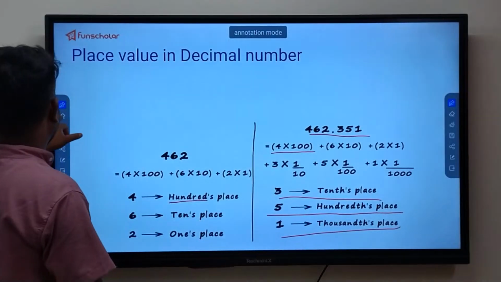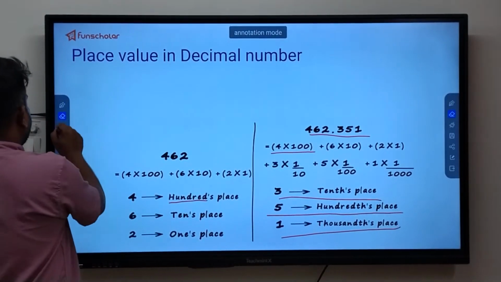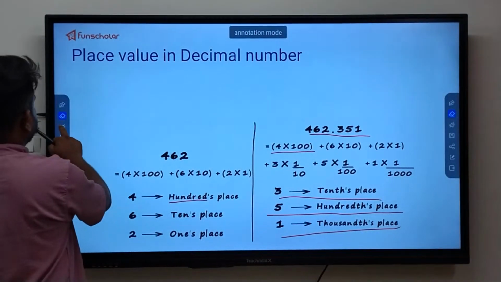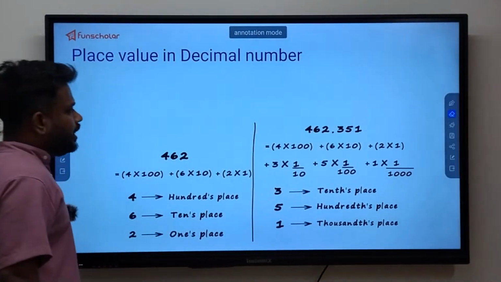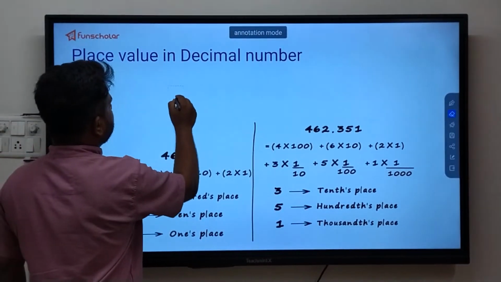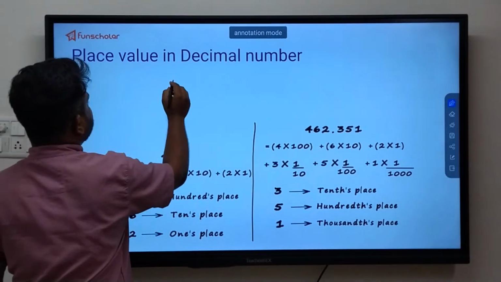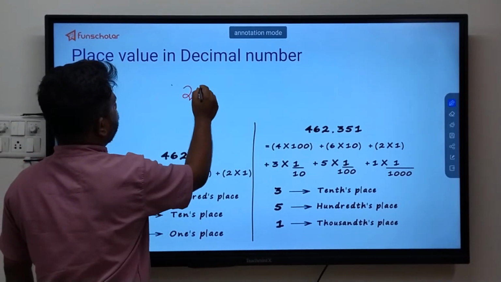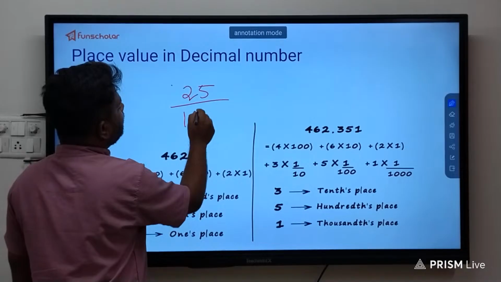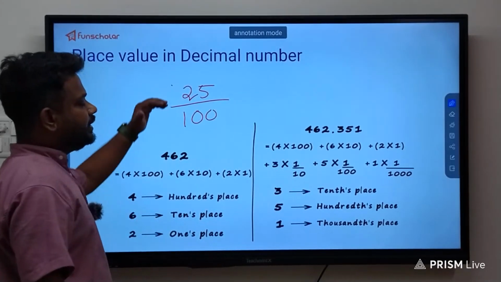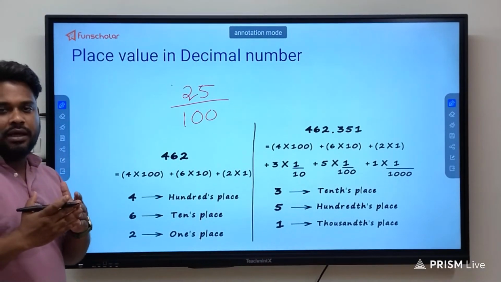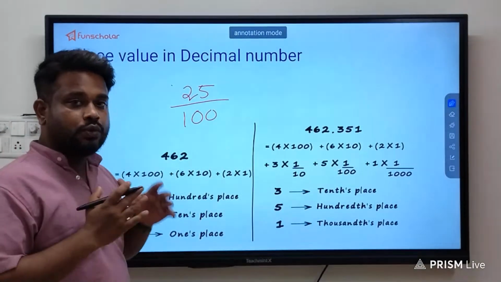Okay, so we all know that every fraction can be turned into a decimal number, and it is easier when the denominator has zeros in it.